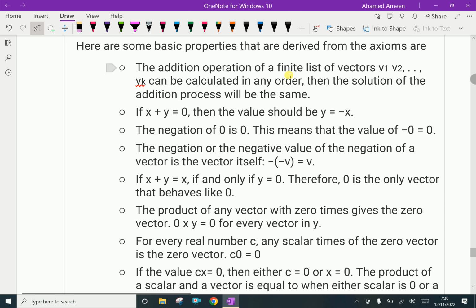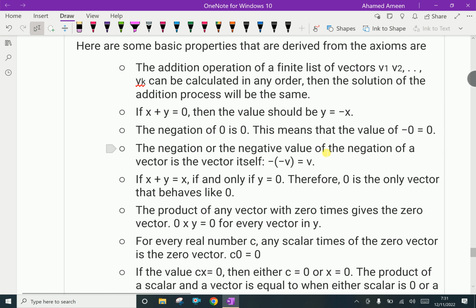The addition operation of a finite list of vectors v1, v2, v3 up to vk is possible. Second, if x plus y is 0, then x equals minus y or y equals minus x. The negation of 0 is 0 itself. It means minus 0 equals plus 0 only, because there is no condition of direction for zero vectors.